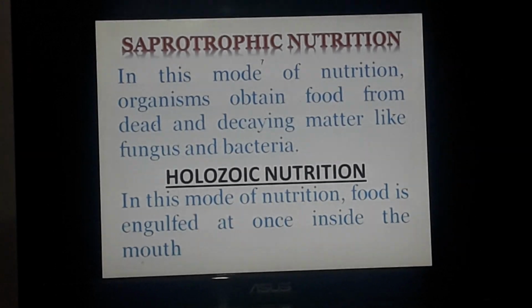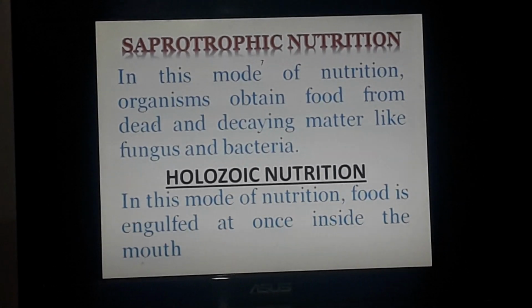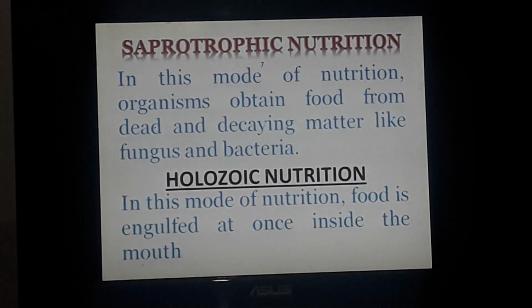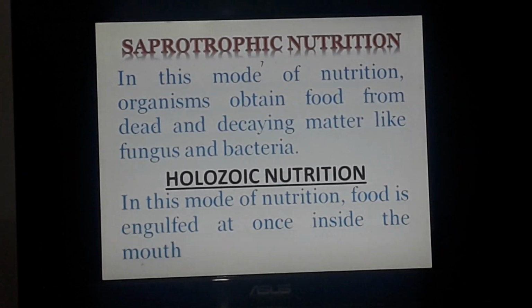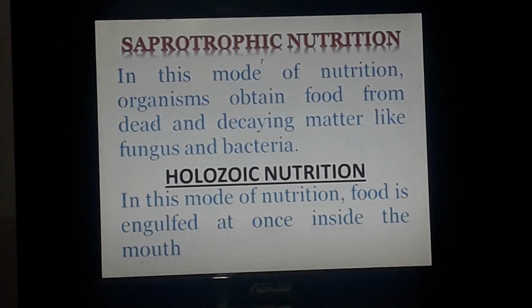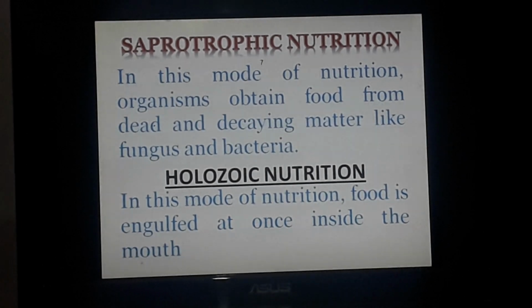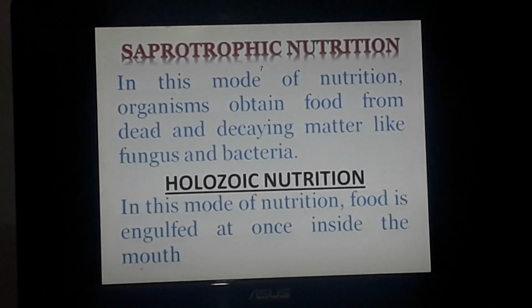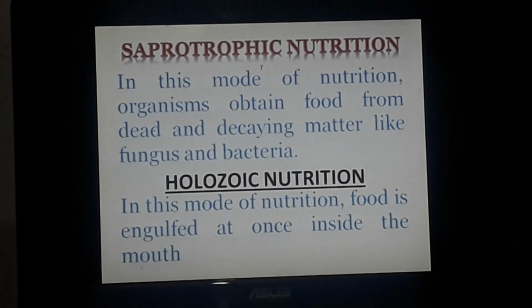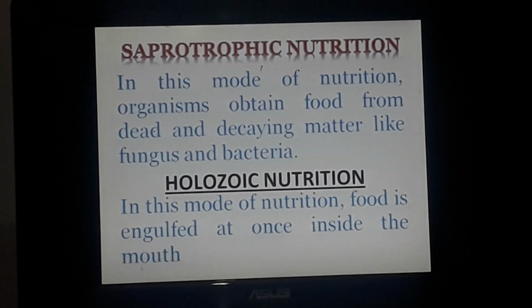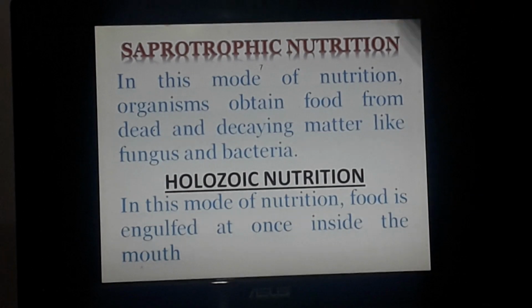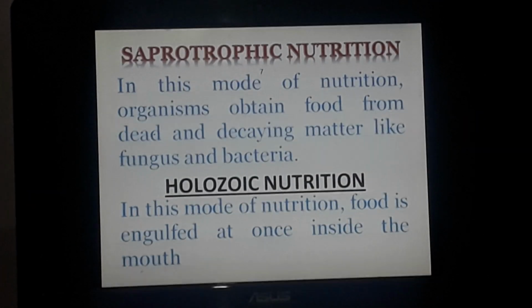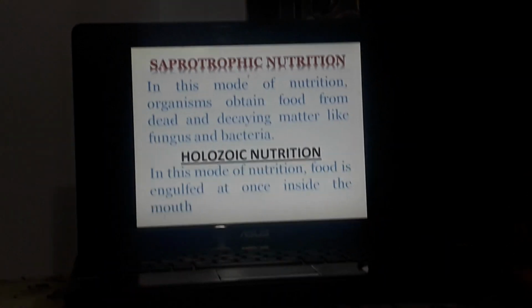So when you hear the word saprotrophic, please mention that here the organisms depend upon dead and decaying matter for their nourishment. That is the meaning of saprotrophic nutrition, and it also comes under heterotrophic nutrition. As you can understand, here also organisms are dependent upon other sources for their nourishment.